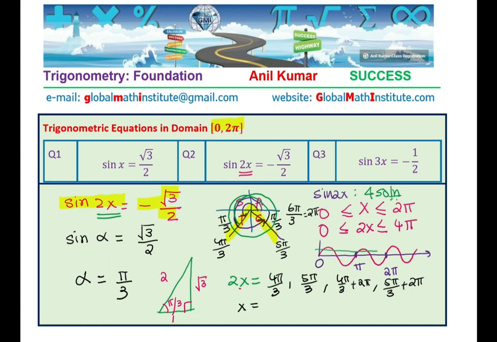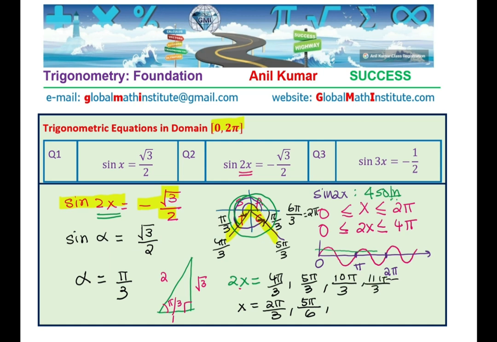So from here we can divide and then get the answer for x. When you divide by 2, you get 2 pi by 3 here, correct? Dividing by 2, you get 5 pi by 6. Now here, you are dividing by 2. So first you do this part, which let me rewrite this, right? 10 pi by 3 and 11 pi by 3.